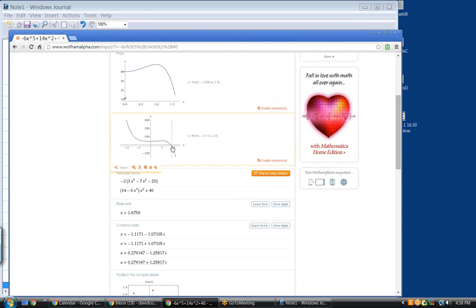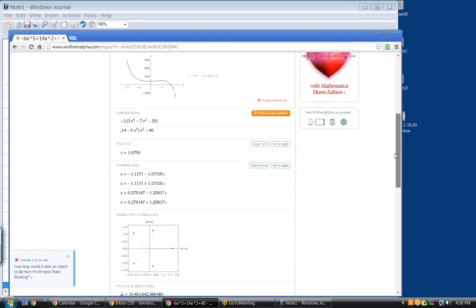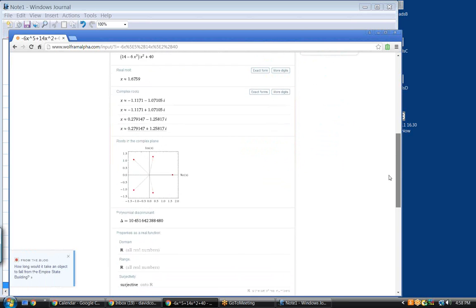In other words, if the question was find the zero of this function, you'd have to use your calculator and go in there with the trace button. But with Wolfram Alpha, they give you the zero. It's 1.6759. That's what that value is right there. It's probably an irrational number, and they've rounded it off.